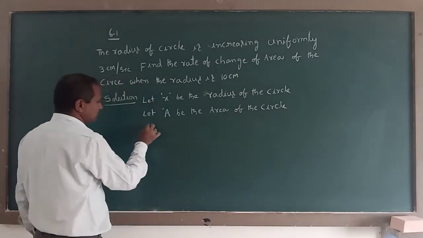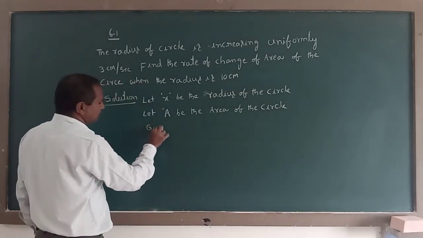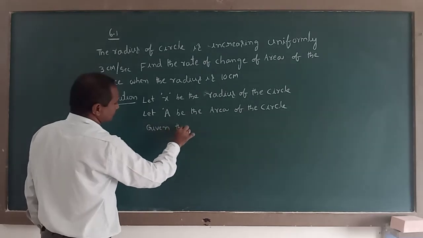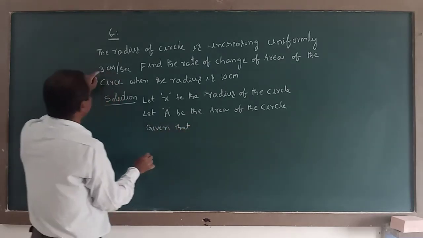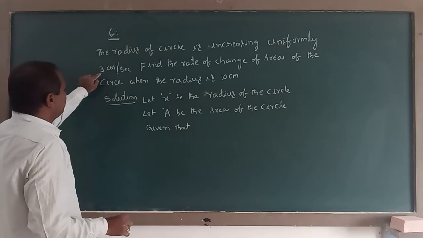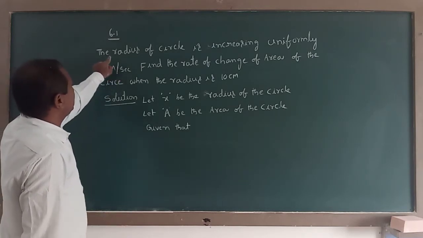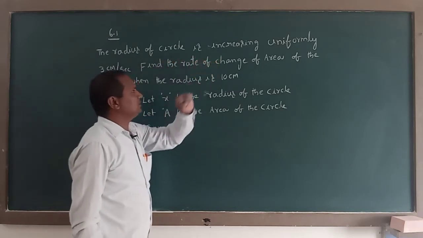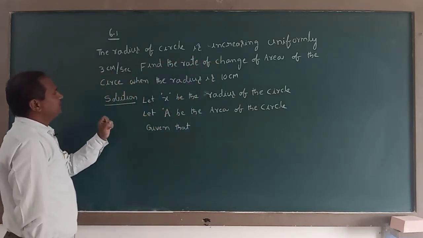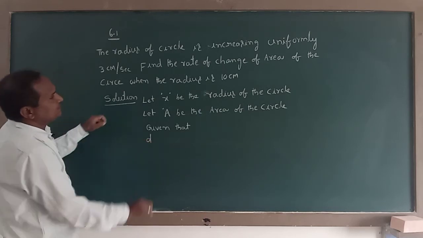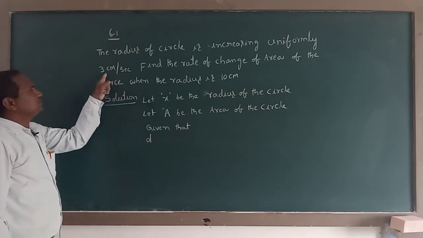Given that, dx by dt is given, because it is mentioned that the radius of the circle is increasing uniformly at 3 centimeter per second. That means we should take dx by dt, which is the rate of change of radius.